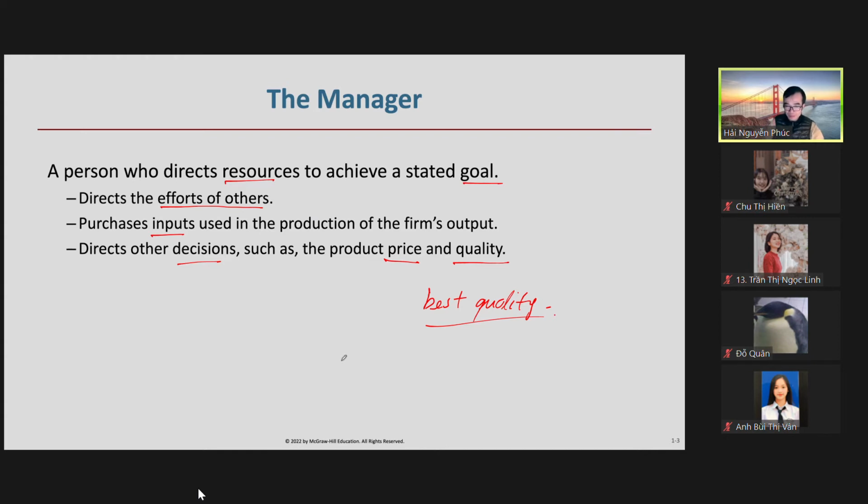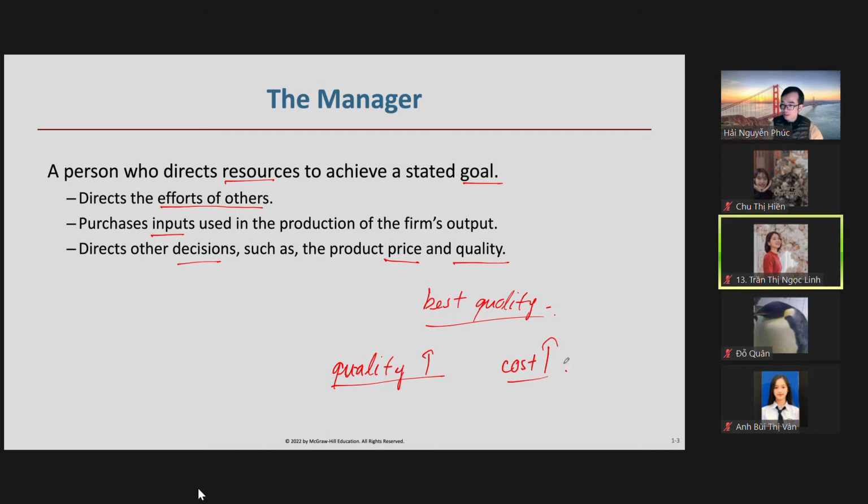If you want to improve the quality of the goods, it will involve some kind of trade-off, right? Increasing quality means that the cost will have to increase. Understand? And we know that the resources available to us are limited, the financial resources available to us are limited. So it is a trade-off.